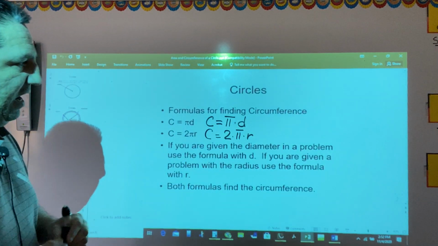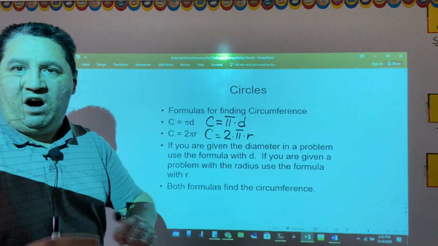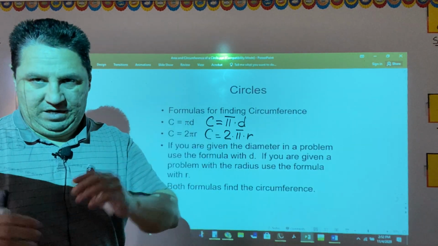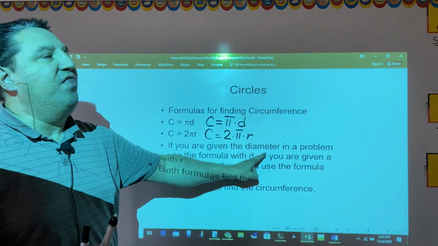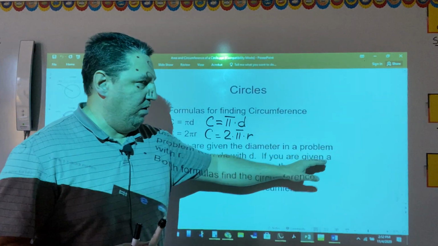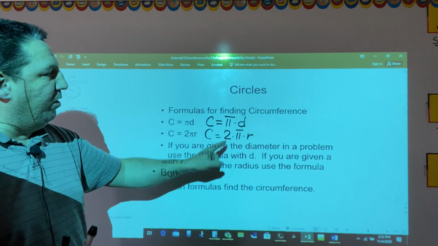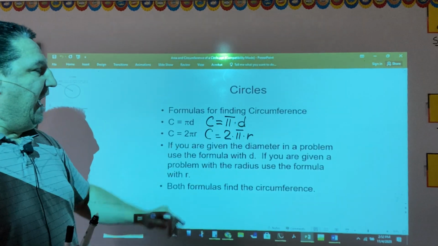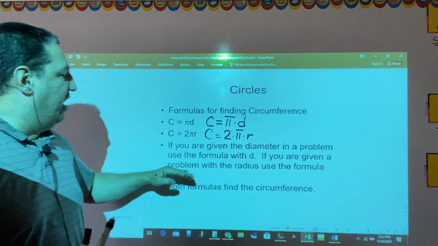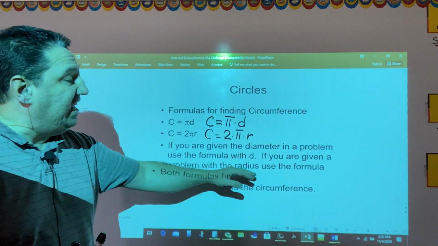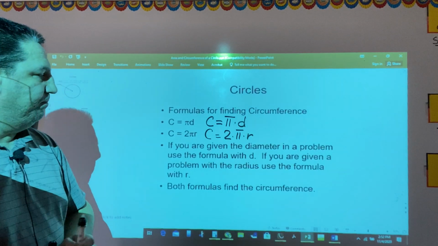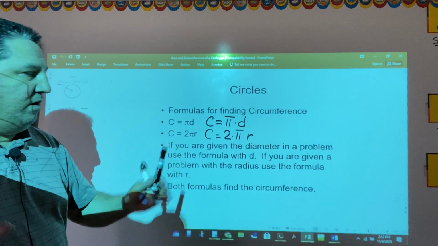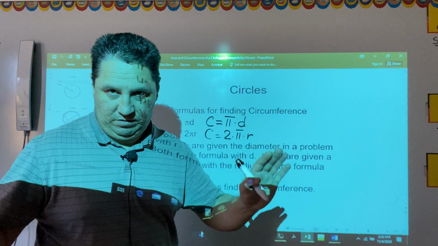Now, these two formulas are equivalent. If you are given the diameter in a problem, use the formula with D. If you are given the radius, we use the second formula. Both formulas find the circumference.